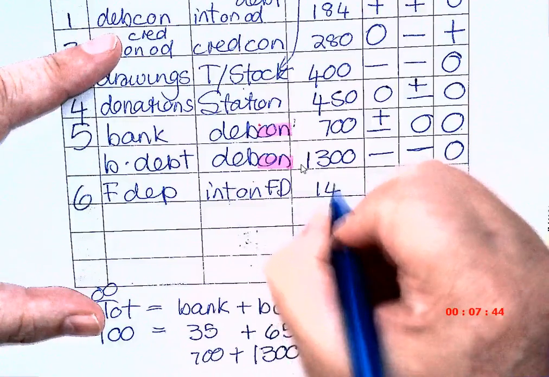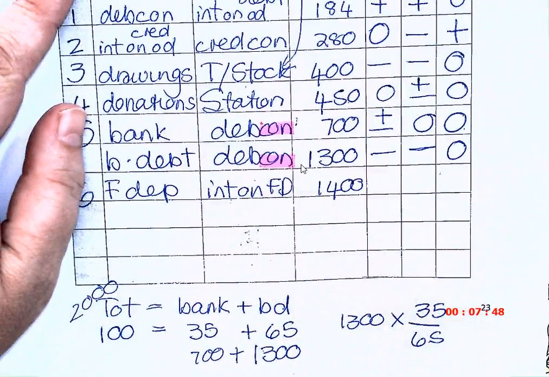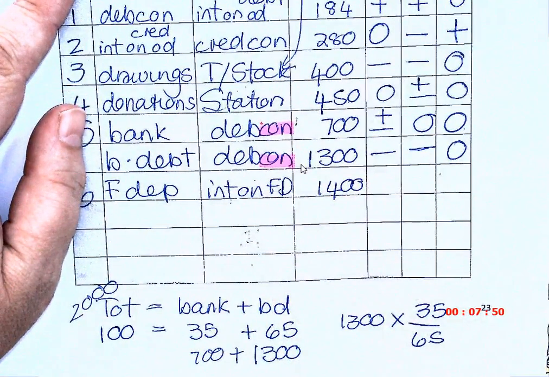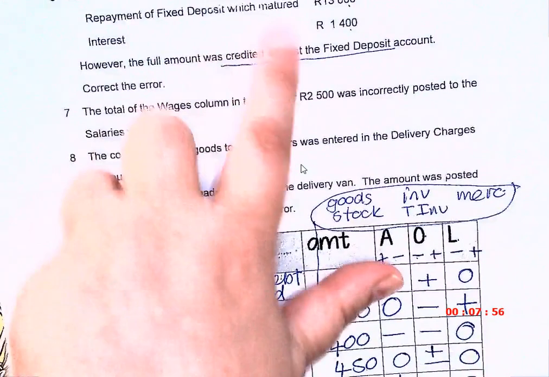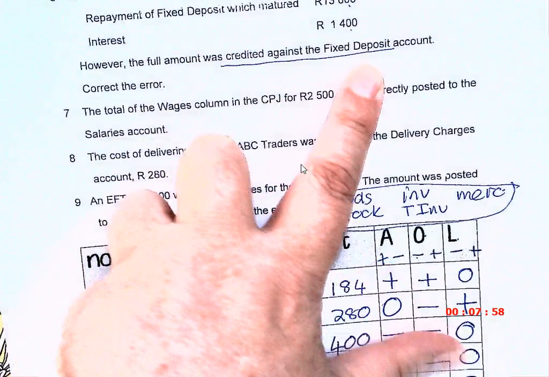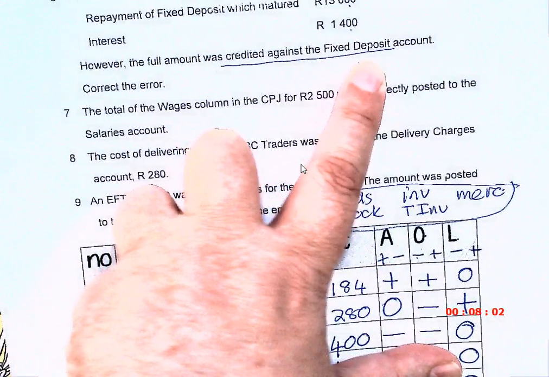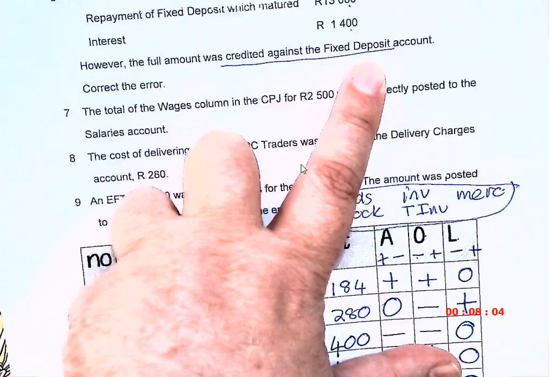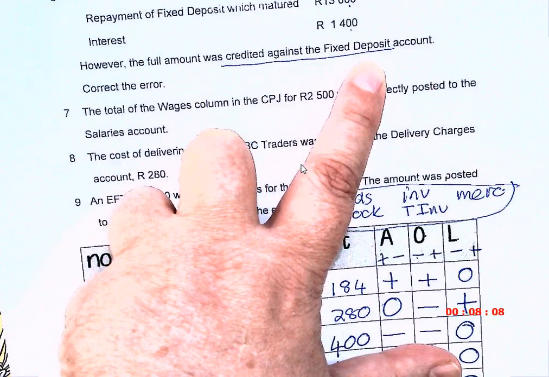1,004. Another way to do it is I know the 1,004 wasn't shown in the interest, because I showed everything in the fixed deposit. So there's nothing in the interest. So you ask yourself, the interest of 1,004 needs to be shown. Which side is interest on fixed deposit?